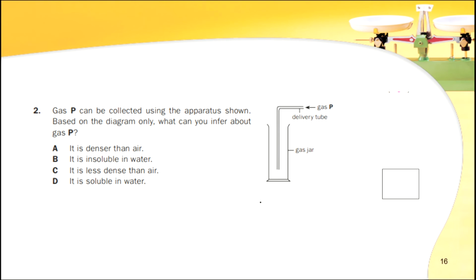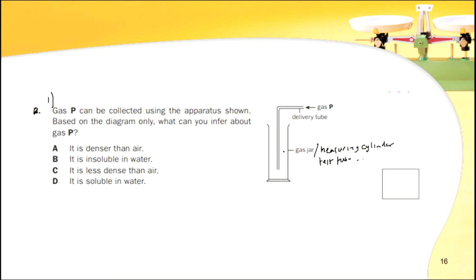Okay, let's discuss question number 1. Gas P can be collected using the apparatus shown, based on the diagram only. What can you infer about gas P? Here is the gas jar, measuring cylinder, or test tube.